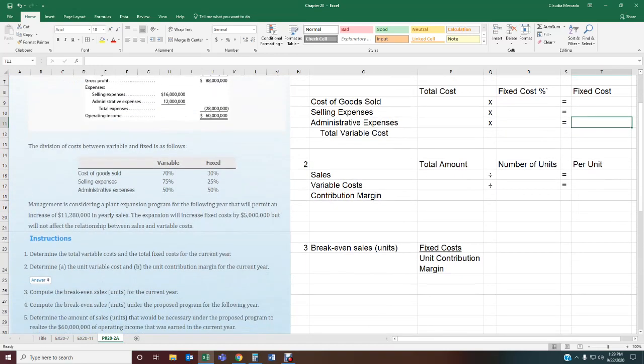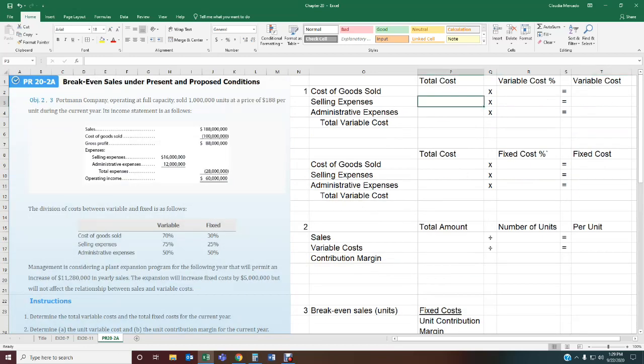The first one: determine the total variable cost and the total fixed cost for the current year. I went ahead and added my cost of goods sold, my selling expenses, and my admin expenses.